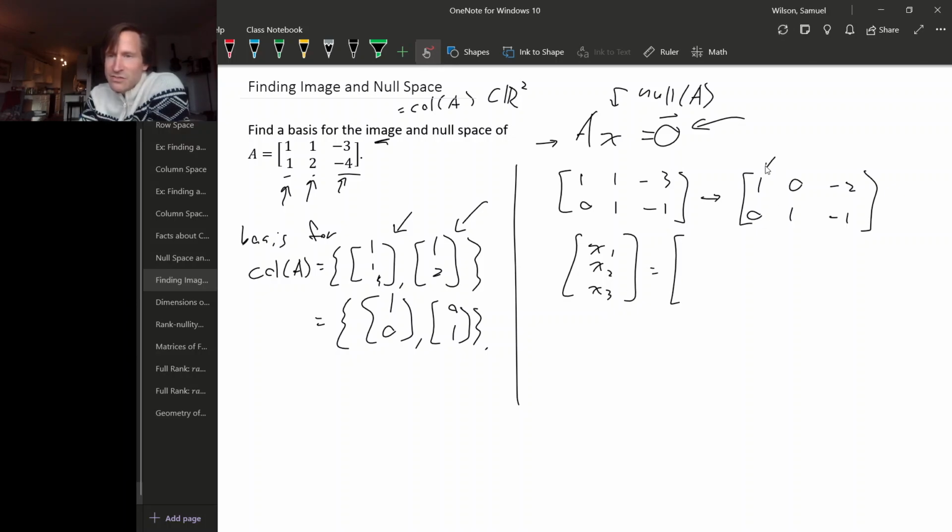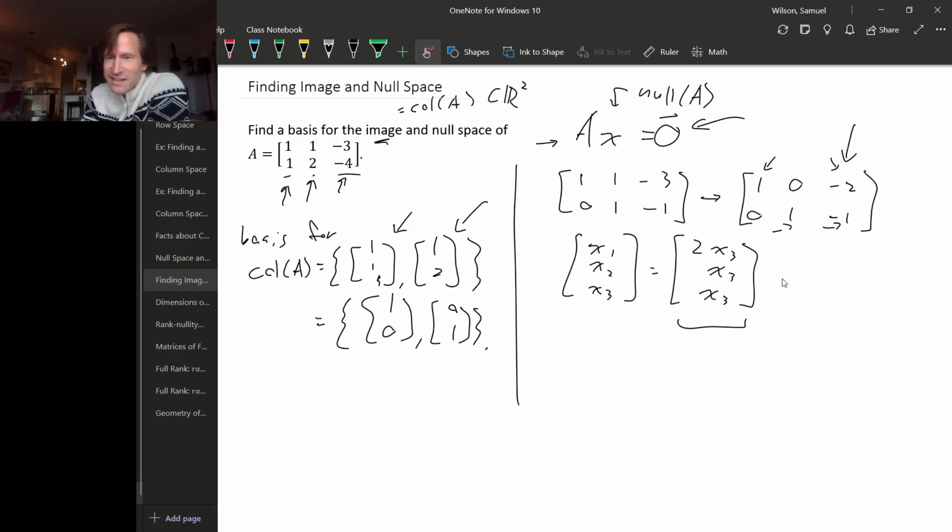This says that x1 has to be equal to 2x3. It says that x2 has to be equal to plus x3, sorry. And x3 is free because there's no pivot in the column corresponding to x3. So x3 is just x3.